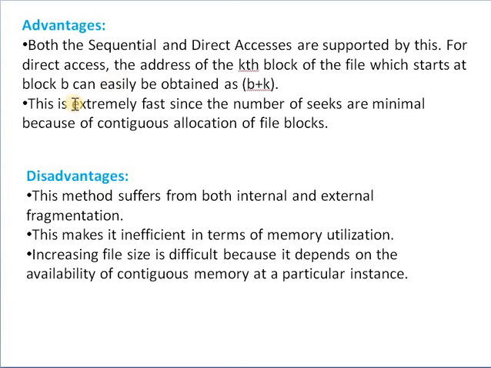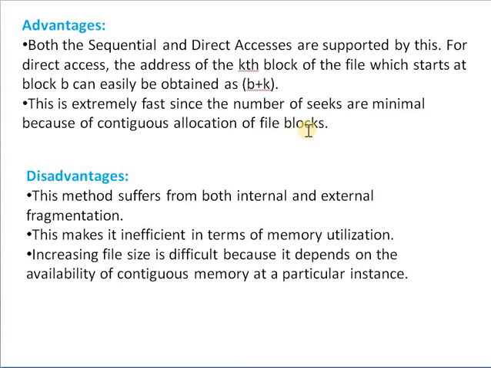That means the continuous allocation method supports both access types, sequential access and direct access. By using both ways, we can access a particular block. The next advantage is that this is extremely fast since the number of seeks is minimal because of the continuous allocation of blocks.